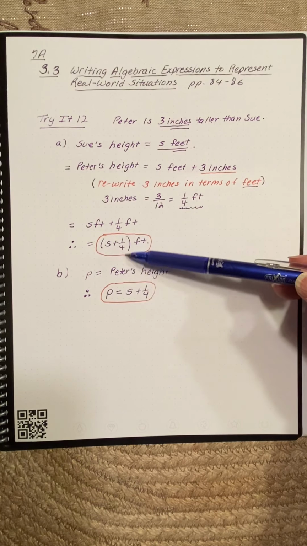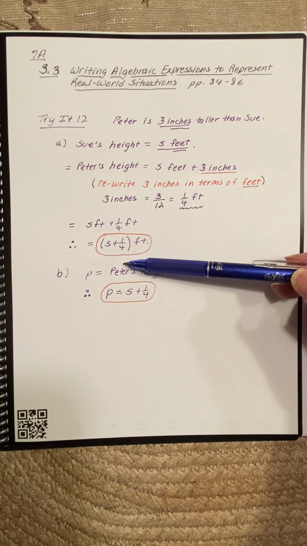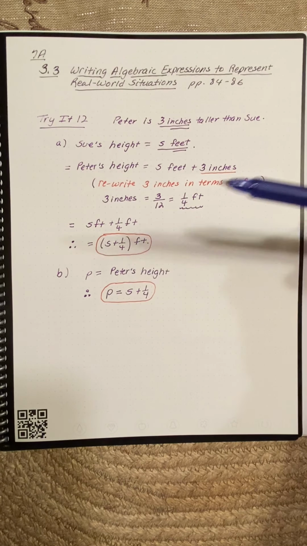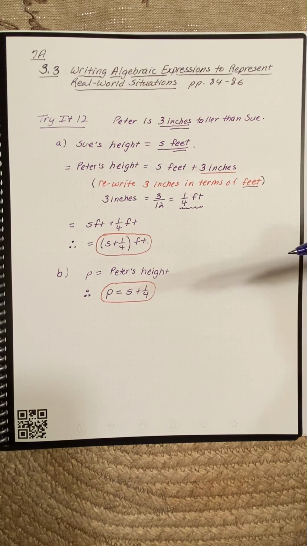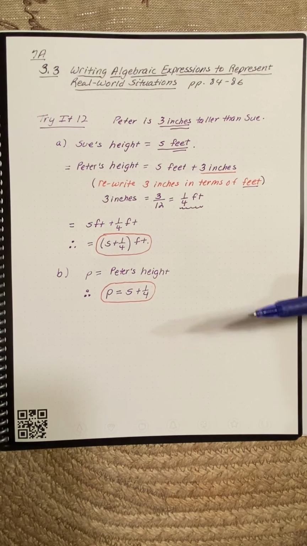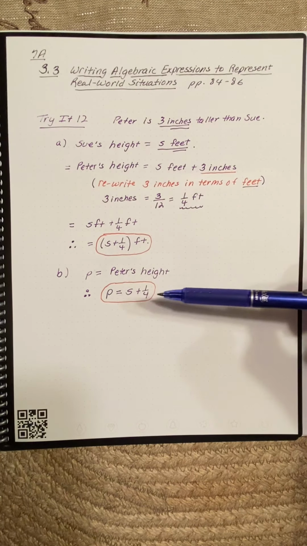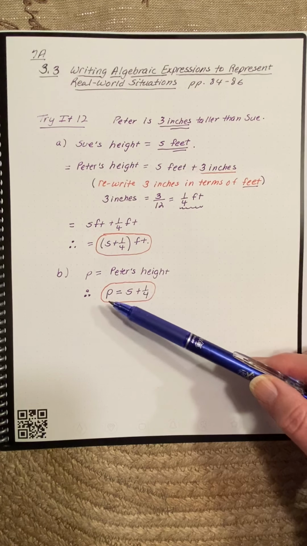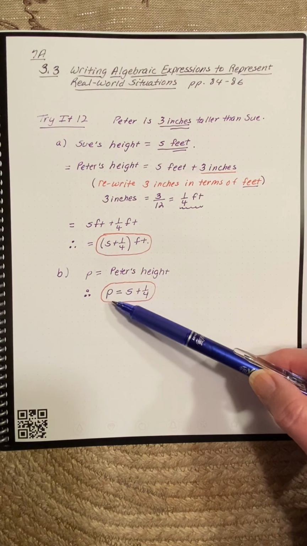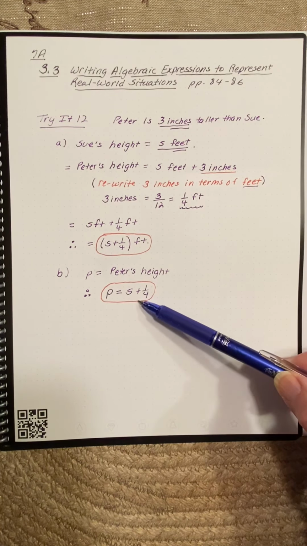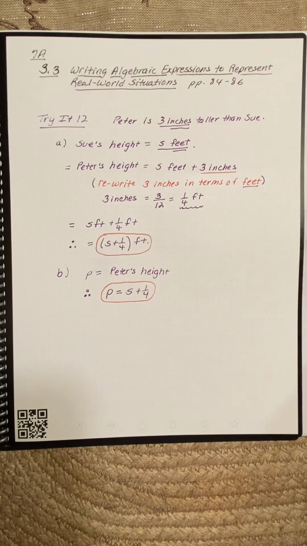So going on, letter B says, given that Peter's height is P feet, now we assign a value to Peter's height. Write a formula connecting S and P. So we go through all these steps to get to the main event, which is the formula. So Peter's height, which is P, equals S plus 1/4.